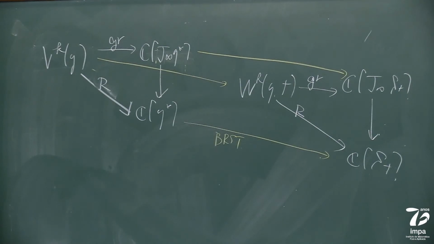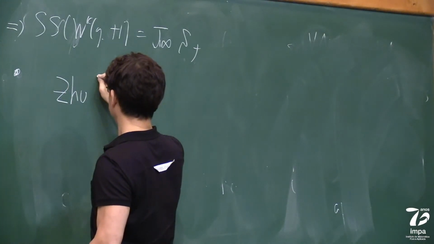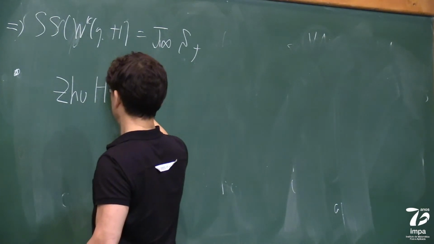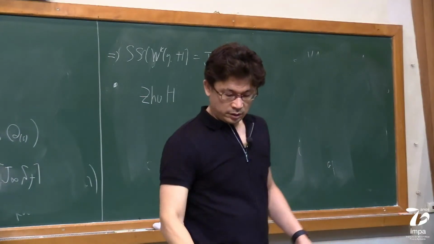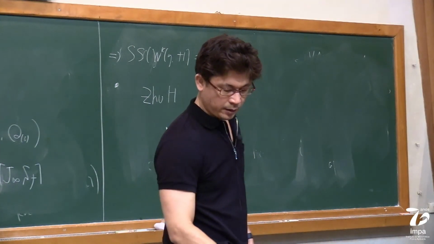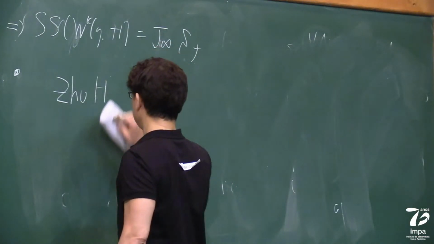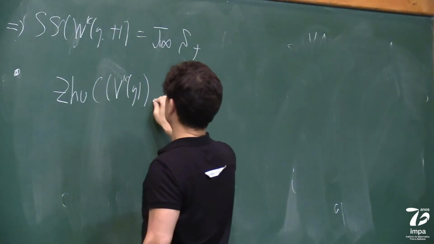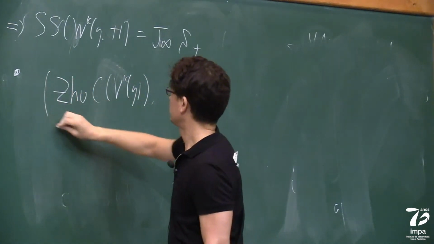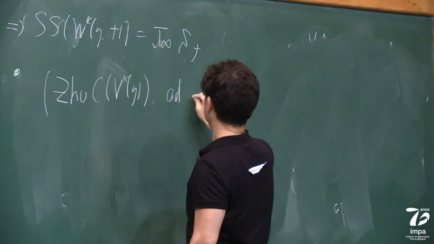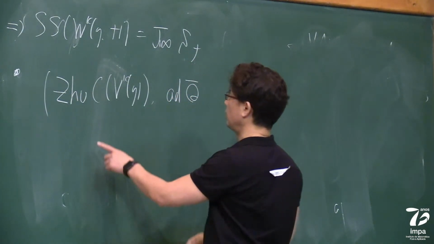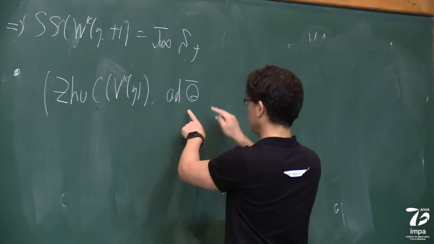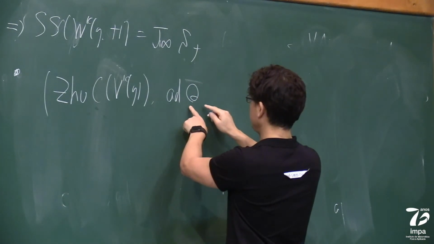So if you consider Zhu's algebra of a complex, we can let the image of Q act on this algebra naturally, because this is an algebra.